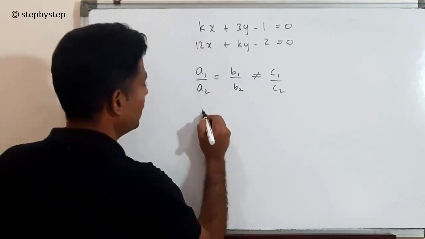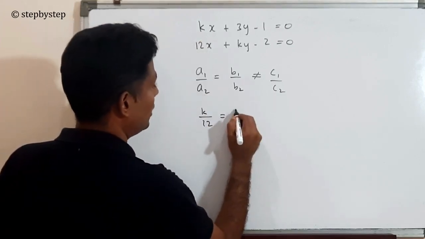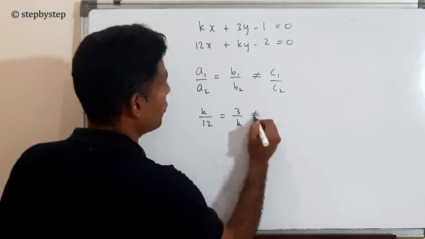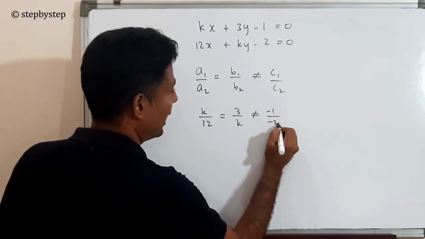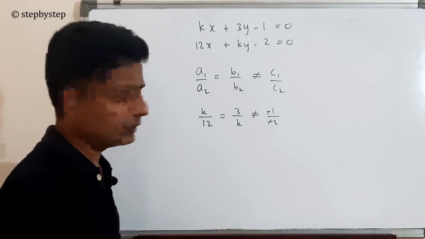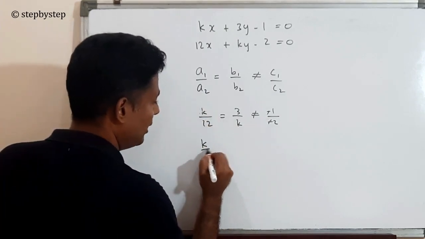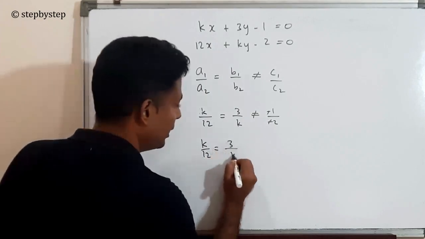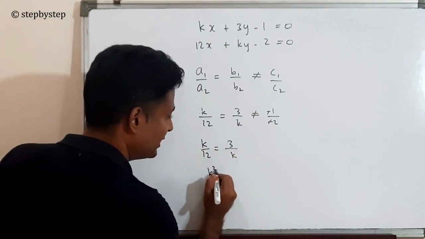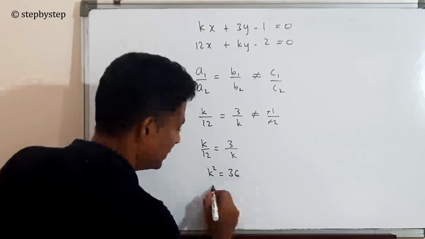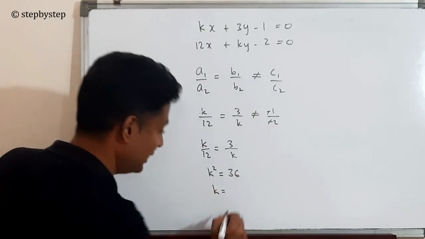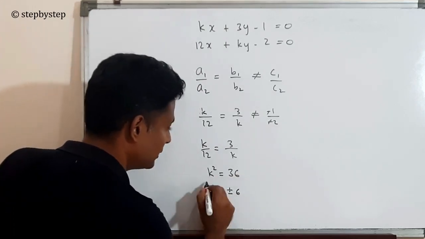So what do we get? K by 12 equal to 3 by K not equal to minus 1 by minus 2, minus signs will cancel. Now using this first, I get K by 12 equal to 3 by K. Transposing, I get K square equal to 36, which means K equal to root of 36, which is plus or minus 6.